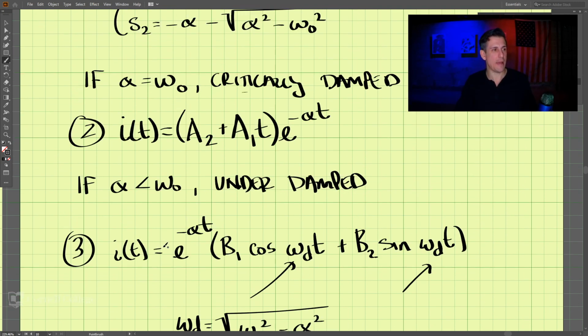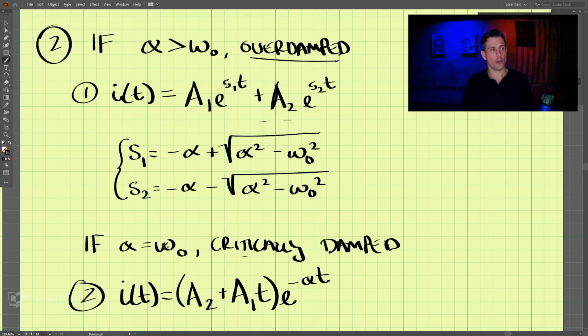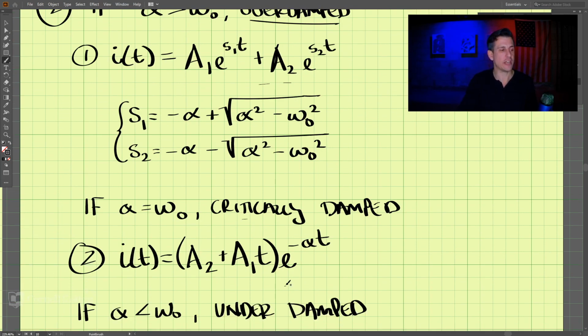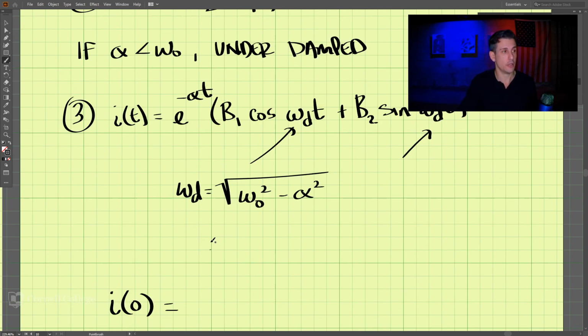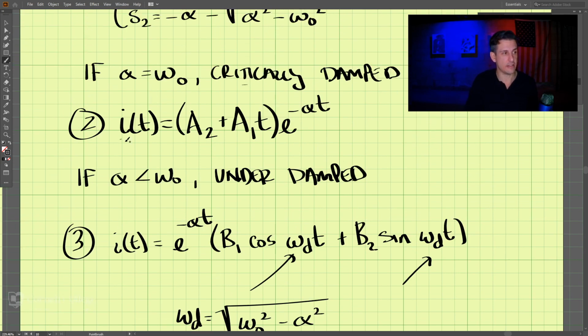In the last step, after we have the equations, we must sub in for these variables here and here. And we can do that if we know things like I of 0 is equal to a certain value. We can plug that into these equations and we can solve for A1 and A2, right?